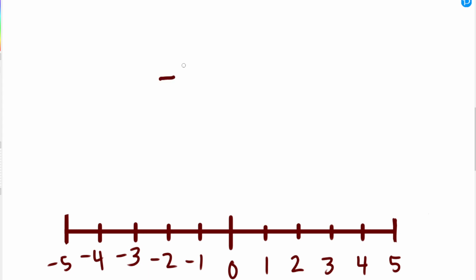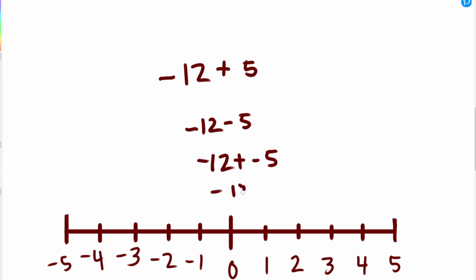I would sometimes be confused when it came to negative 12 plus 5, or negative 12 minus 5, or negative 12 plus negative 5, or negative 12 minus negative 5. Stuff like this would really make my brain hurt.